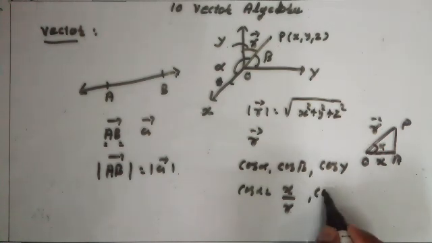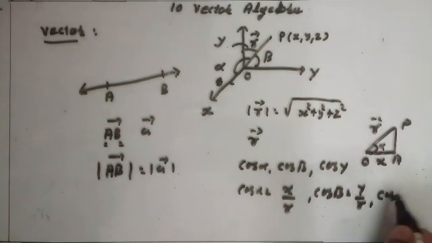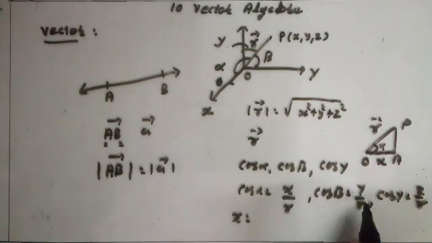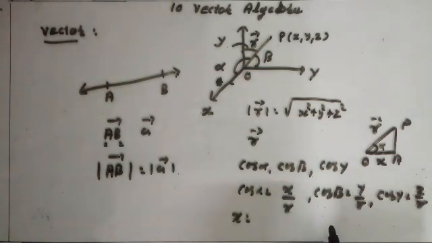Similarly, cos beta is equal to y upon R, and cos gamma is equal to z upon R. So x is equal to R cos alpha, y is equal to R cos beta, z is equal to R cos gamma.